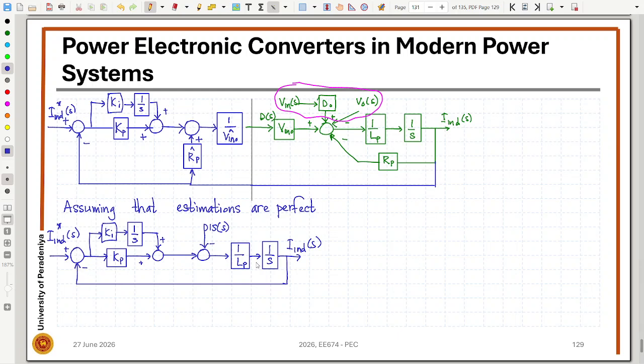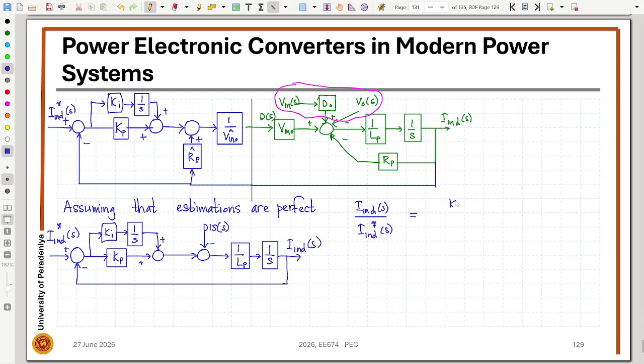So we can get the command tracking transfer function, which is I inductance(s) divided by I inductance reference. For this one we will assume the disturbance is 0.